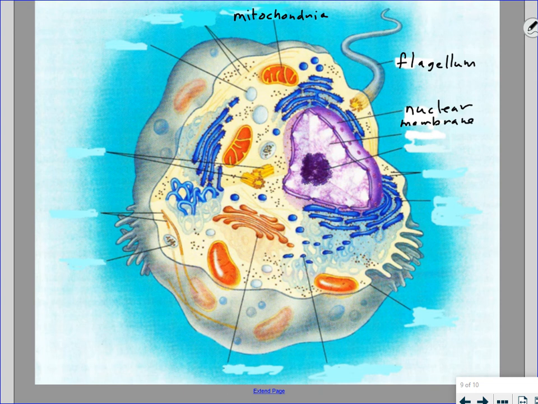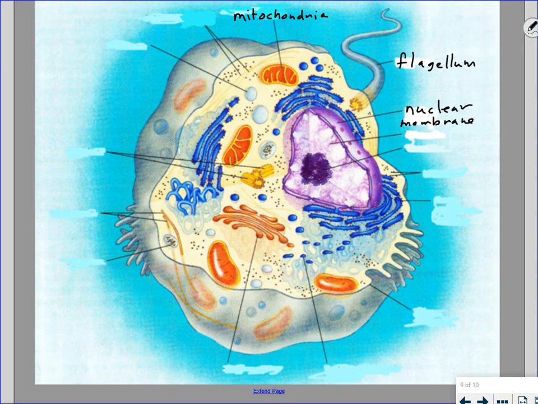The nuclear membrane, like any other membrane, simply separates the nucleus from everything else. The nuclear membrane is probably the most restrictive of all the membranes, however, because all of your DNA is contained within the nucleus, and we don't want anything else to get in there, because if it damages the DNA, you're in big trouble.